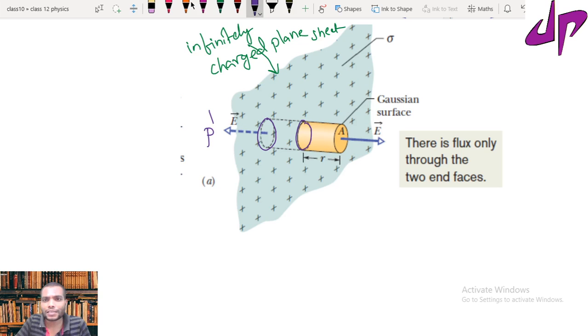Suppose you want to find the electric field on this side at a point P. You consider the Gaussian surface of area A at both ends, because at these surfaces the electric field lines come out. So the clever selection of the Gaussian surface is a cylindrical Gaussian surface with open ends of area A.